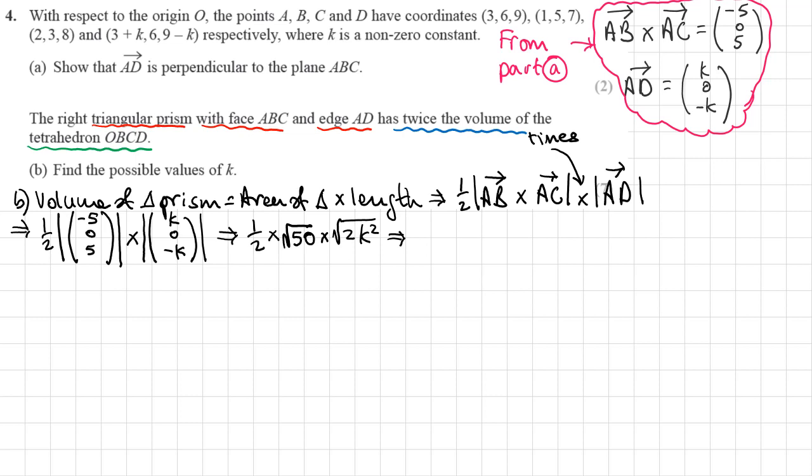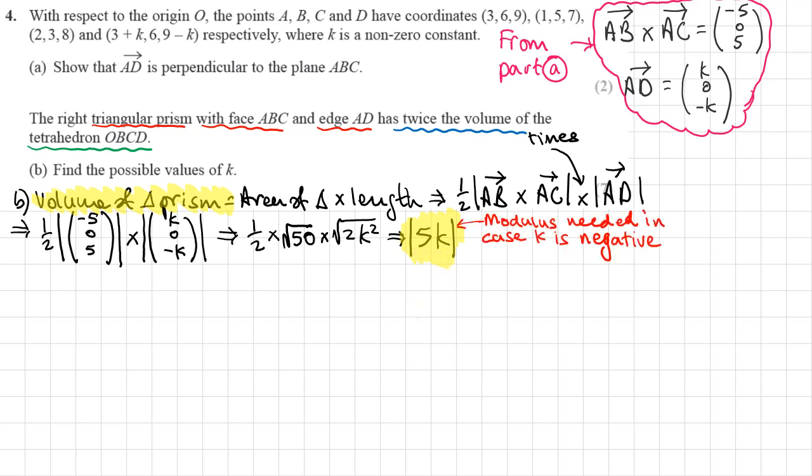Now if I simplify all of that and do half times root 50 times root 2, that will give me 5, and then I'll get k. Now it's possible k could be negative, so I either want to put a modulus around the whole thing or just around the k. It's not a problem when it's here, but when we square root it, it can be a problem. We want to make sure we've got a positive volume. So the volume of that triangular prism is the modulus of 5k.